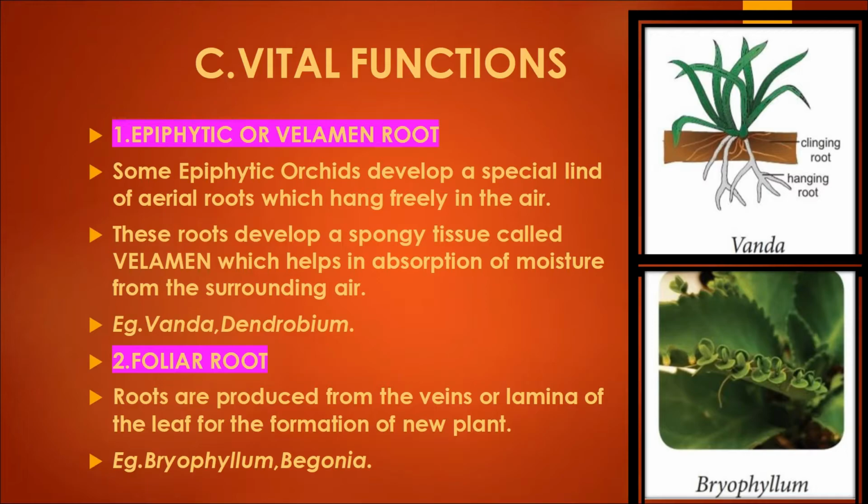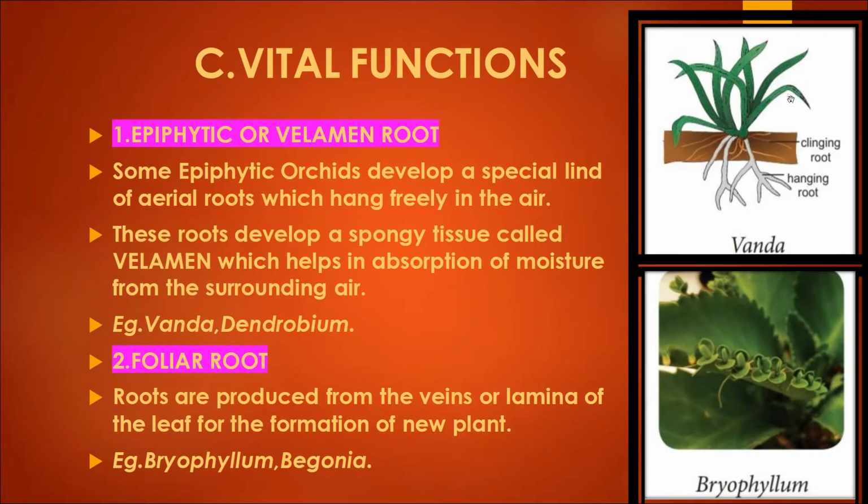Next we have the adventitious root modification for vital function. The first one is epiphytic or velamen root. They take up a very important function for the plant. These epiphytic roots have a special type of spongy tissue called velamen tissue, which helps in the absorption of moisture from the surrounding air, and they grow hanging freely in the air.